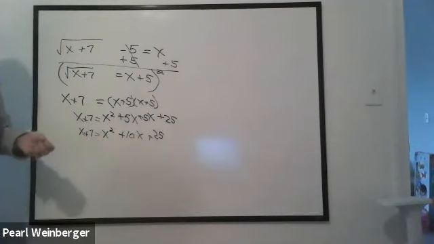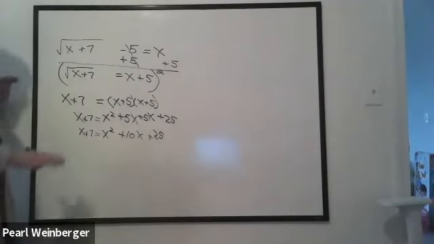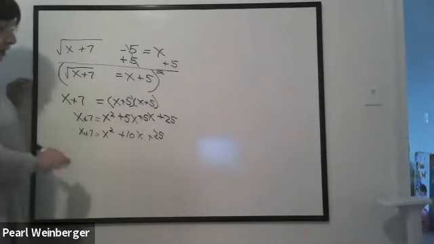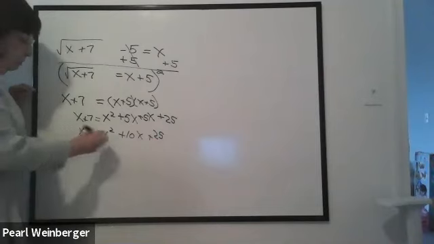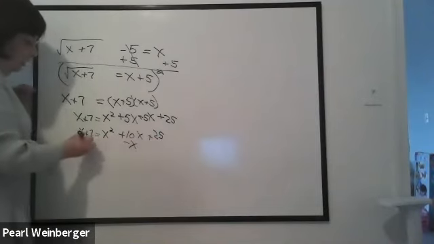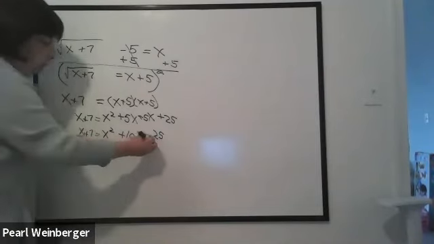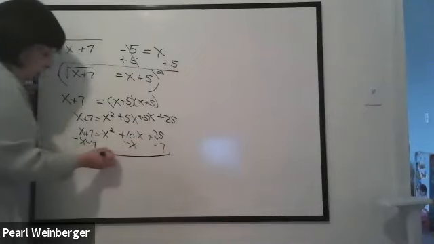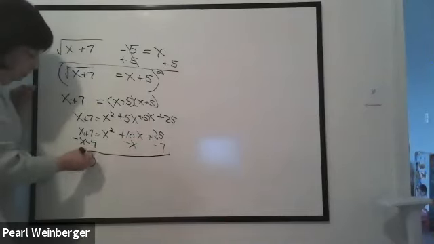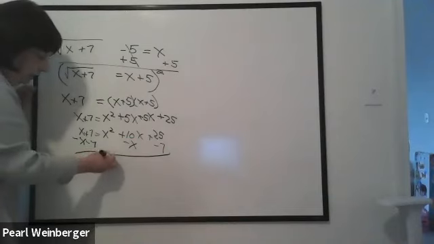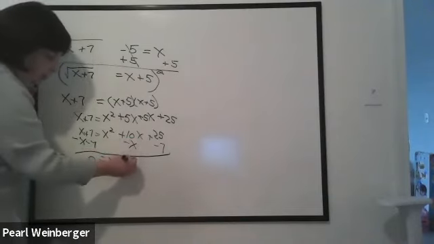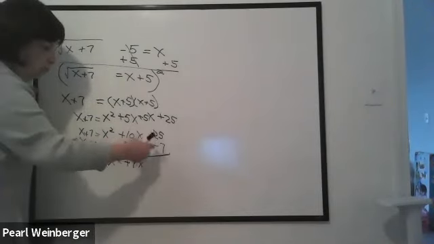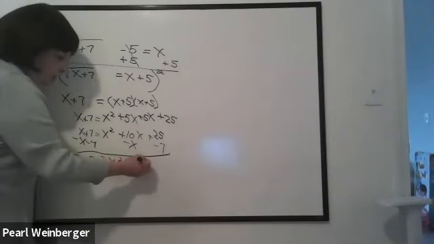And therefore, I have to get it equal to 0 so I can solve it. Now it makes more sense to go this side way rather than this way. I'm going to subtract x from both sides, and I'm going to subtract 7 from both sides. So on this side, I'll get 0, and on this side, I'll get x squared. 10x minus x is 9x, and 25 minus 7 is 18.